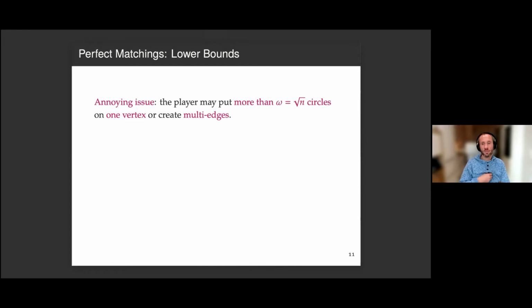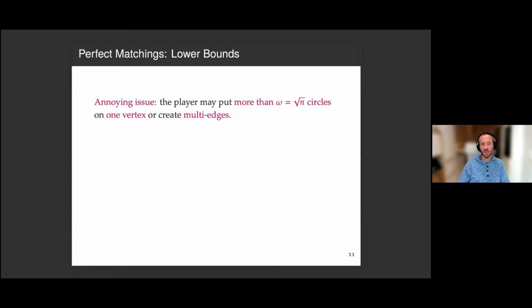But the problem is that nobody can stop the player from placing circles on one vertex. So a player can create a star if the player really wants to, right? So how do we deal with that?